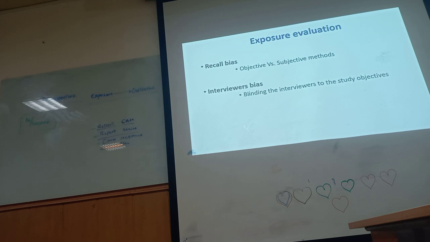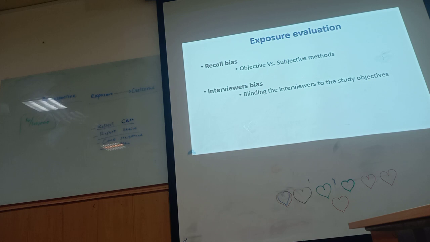And the last point. The first step was selection of cases. The second step was selection of controls. We saw how we can match cases and controls, but after selection of cases and controls, we have to measure the exposure of interest.